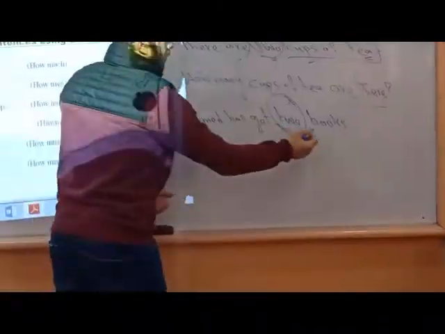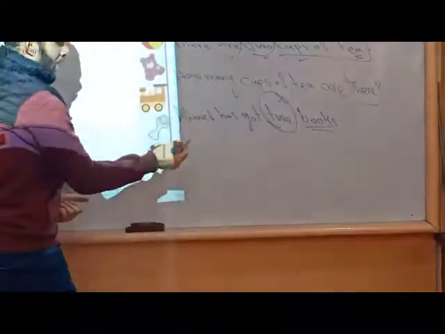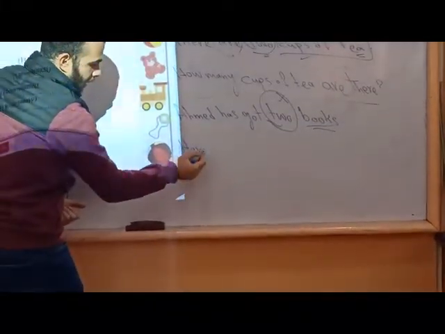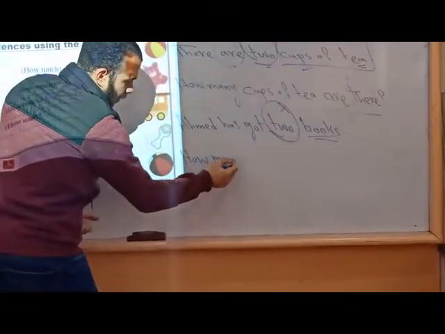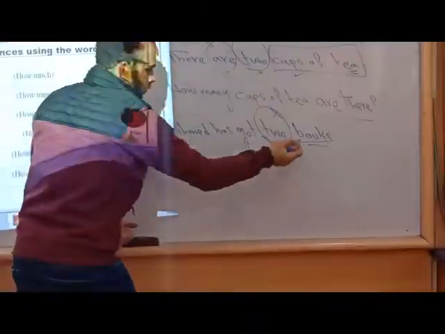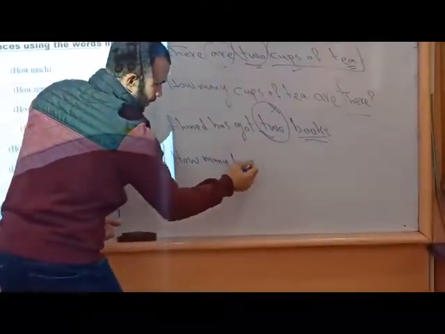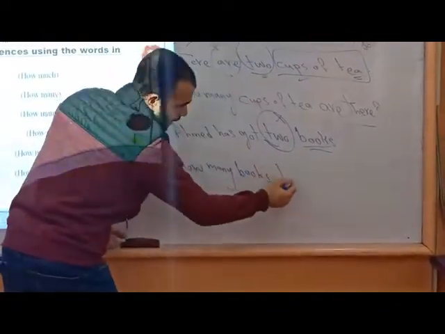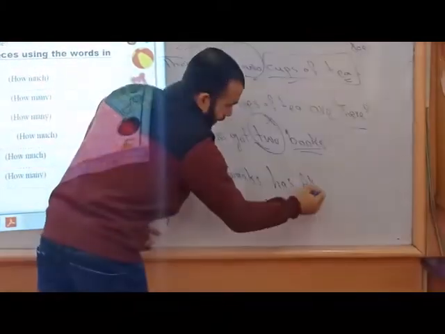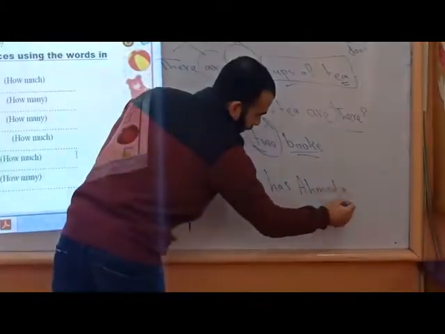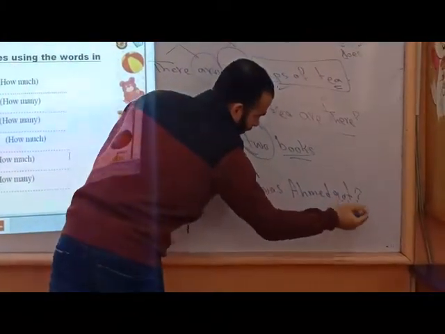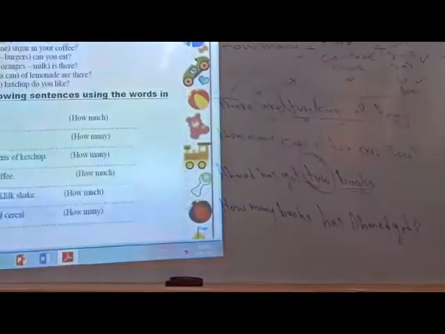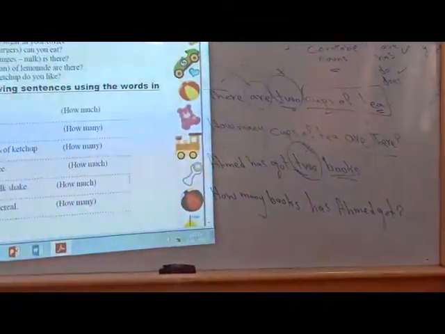And the plural countable noun, books. Use how many: how many? Plural countable noun, books. How many books? Helping verb, has. Subject, Ahmed. How many books has Ahmed got? Okay? I think it's clear now.